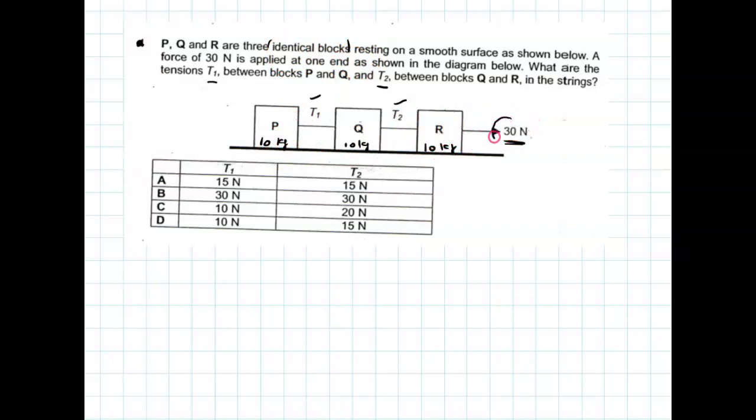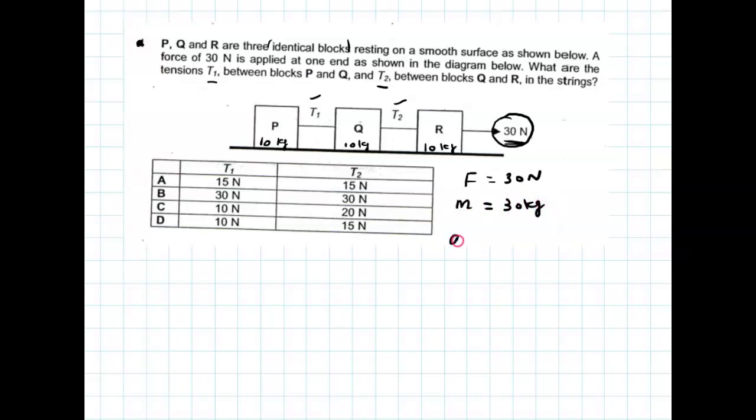Now let's explore. Here we are applying the total force for these three blocks, 30 Newton, so that is the net force. The total mass of the three blocks is 30 kilogram.